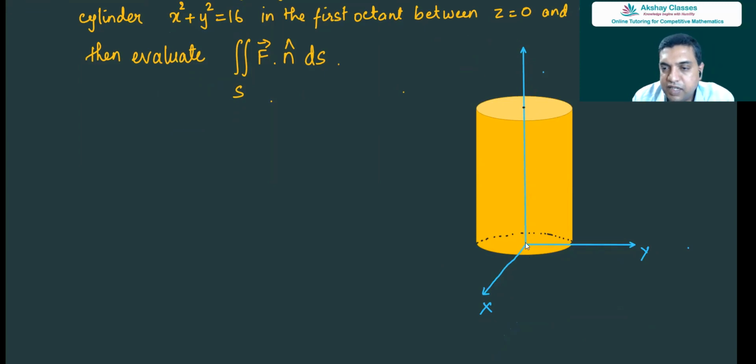On the z-axis, this is the plane z equal to 0, and this is the plane where z equal to 5.